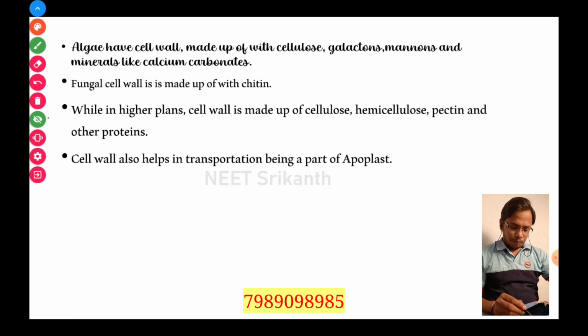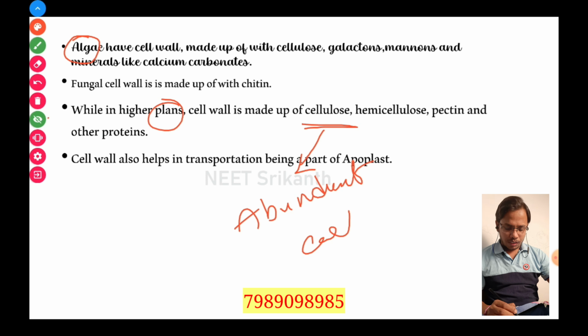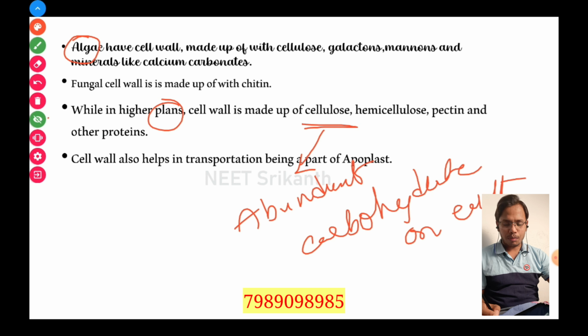You can observe that cellulose is a major cell wall component in plant cells and algal cells. So that's why it is the most abundant carbohydrate on the earth. Why?